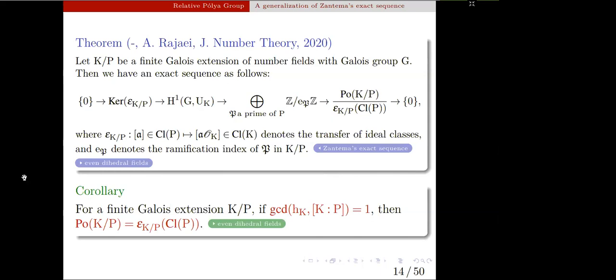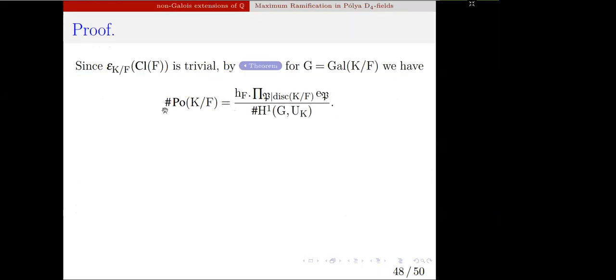If I understand correctly, your question is: what is the general structure of this quotient group? I have not studied this quotient group further, because we were interested only in the order of the relative Pólya group, and using this exact sequence we found this equality.